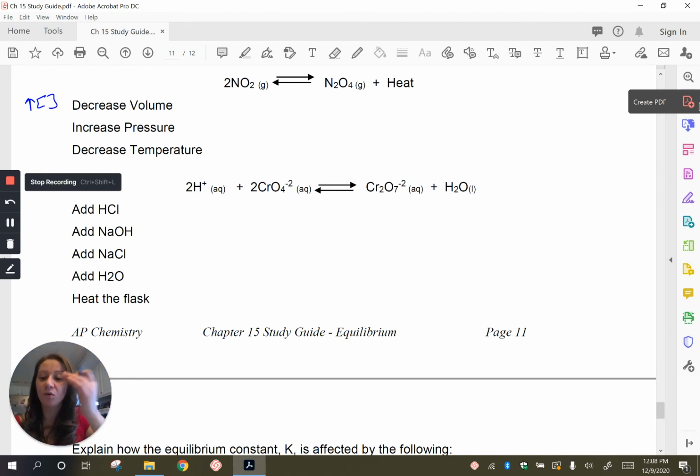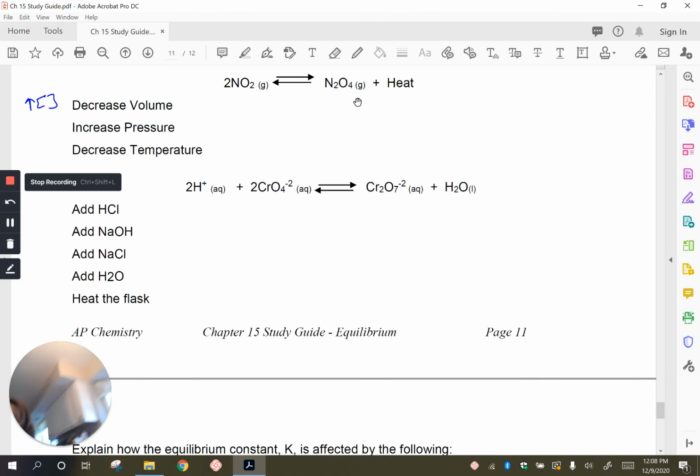And so I want to go to the side with fewer particles to make up for that increase in concentration. I have two particles here and one particle here. So I want to go to the side with fewer particles.